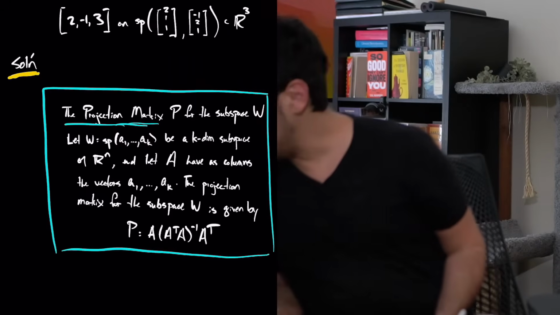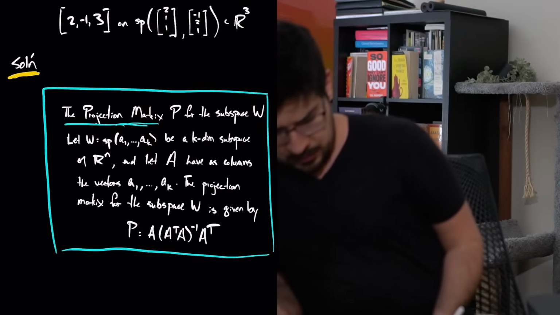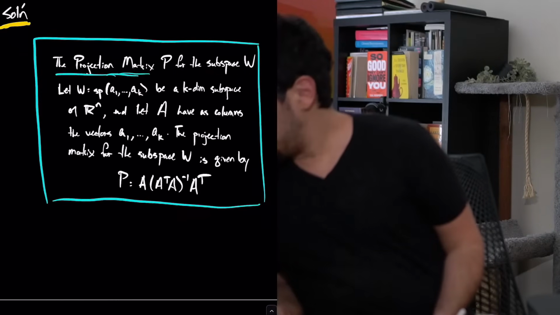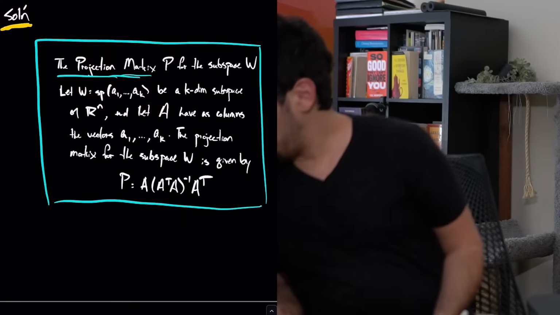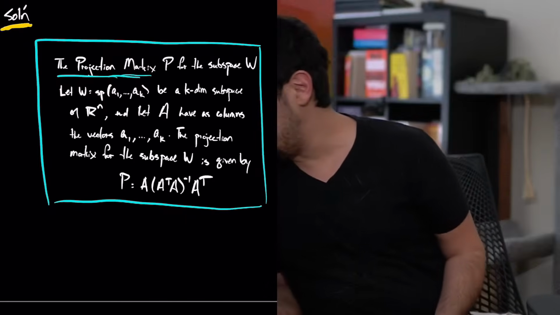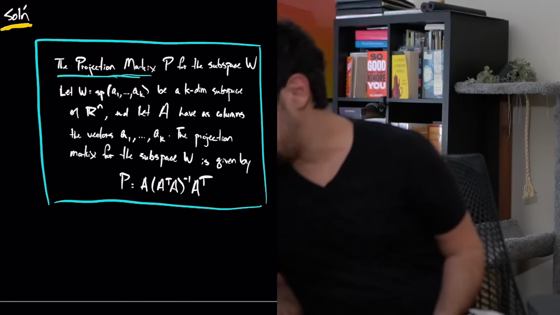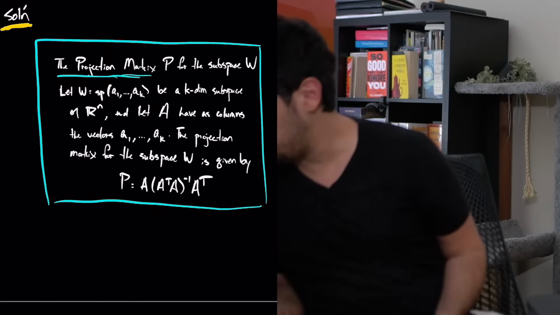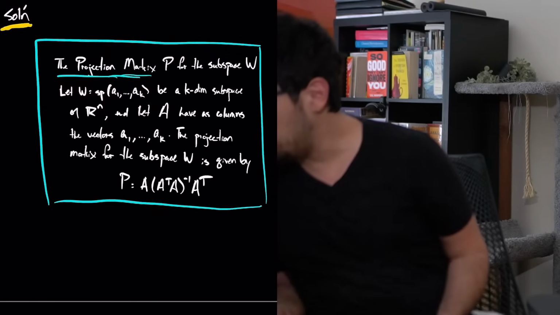And this is theorem 6.11 as well. Pretty much just rewrites this. Characterization of projection matrices: a projection matrix P for subspace W is both idempotent and symmetric.